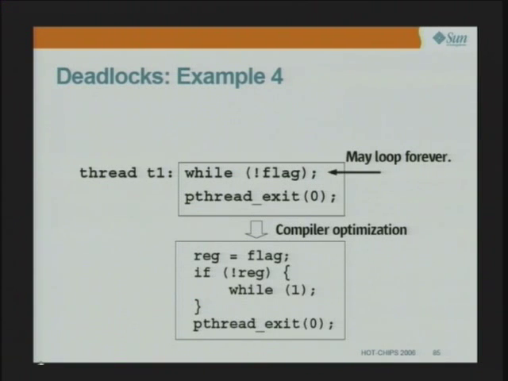So what happens? The compiler can do something under the hood. The compiler can do register allocation and turn this while loop into a form like this. It can read the flag only once, put it into a register, and do the testing here. Then if it happens that the flag value is 0, this will be an infinite loop.